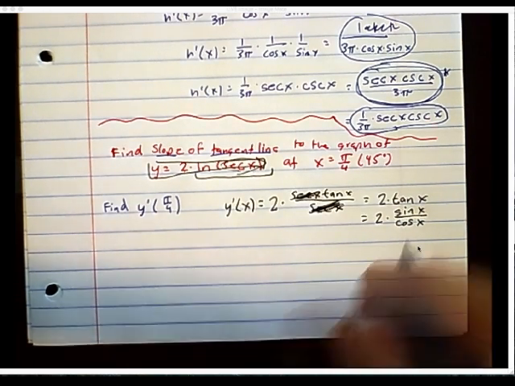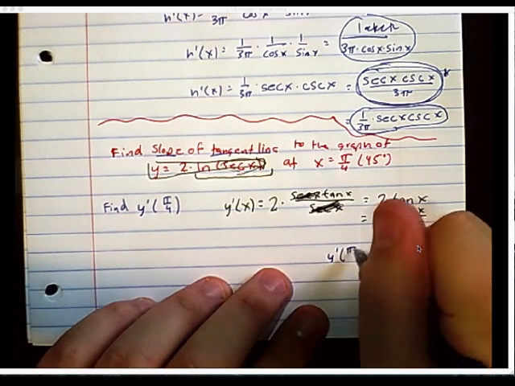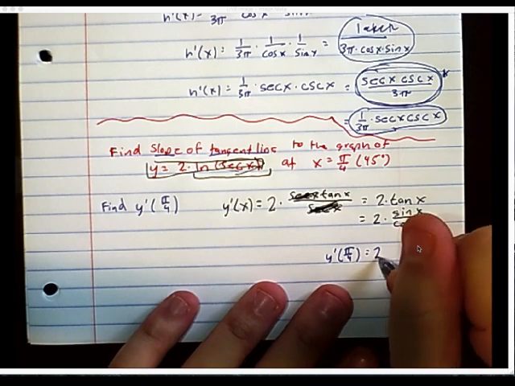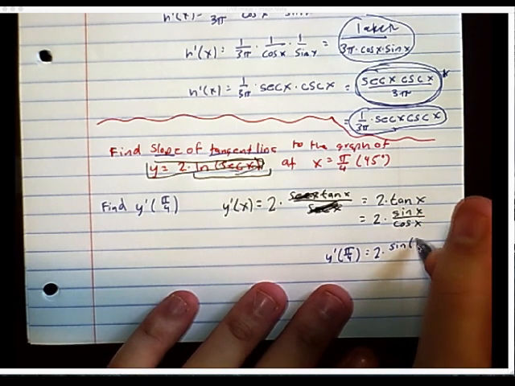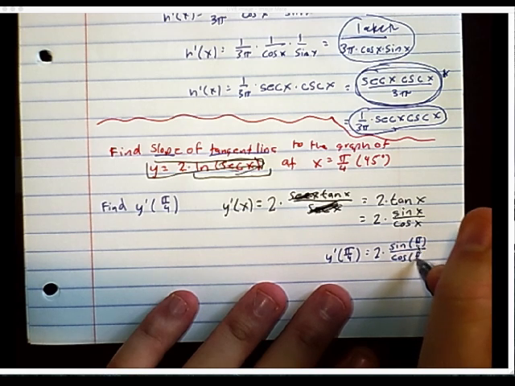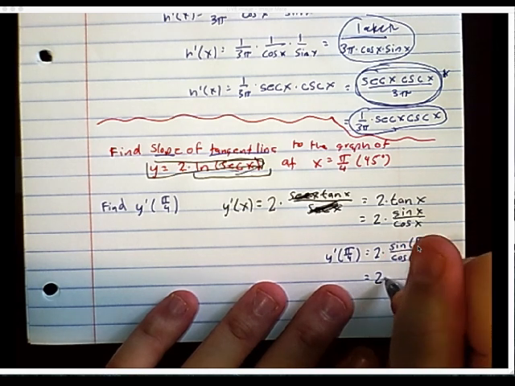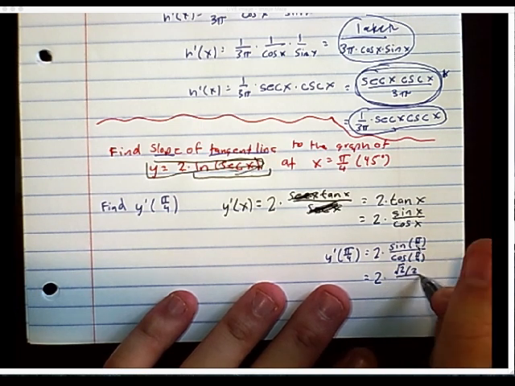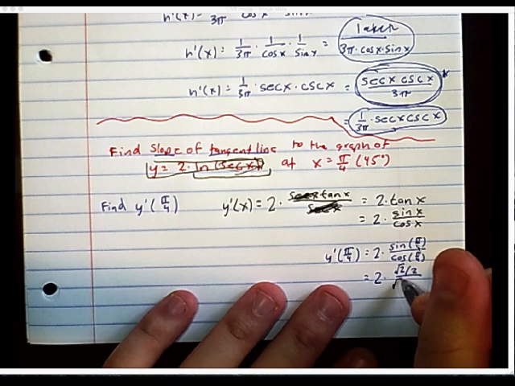So when I try to find y prime at pi fourths, that would be 2 times the sine of pi fourths over the cosine of pi fourths. Well, what's the sine of 45 degrees? It's root 2 over 2. What's the cosine of 45 degrees?